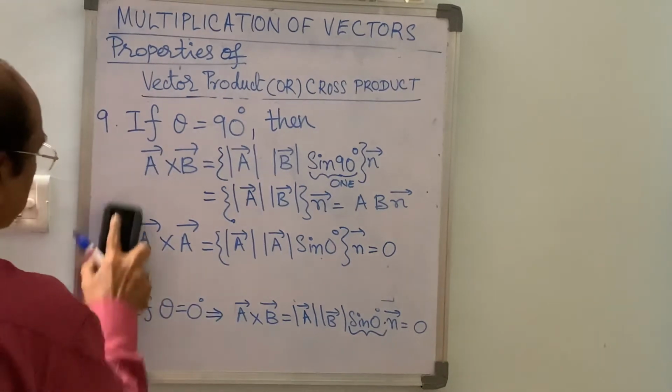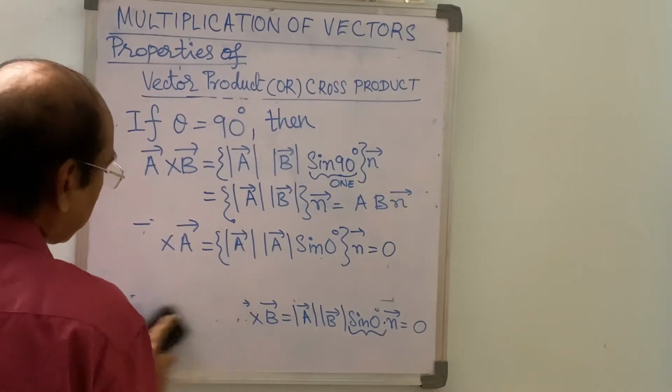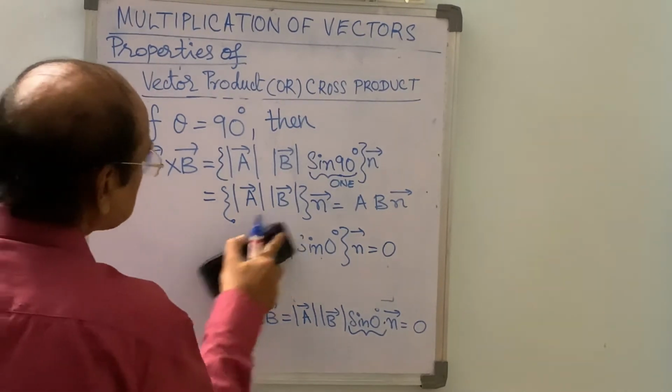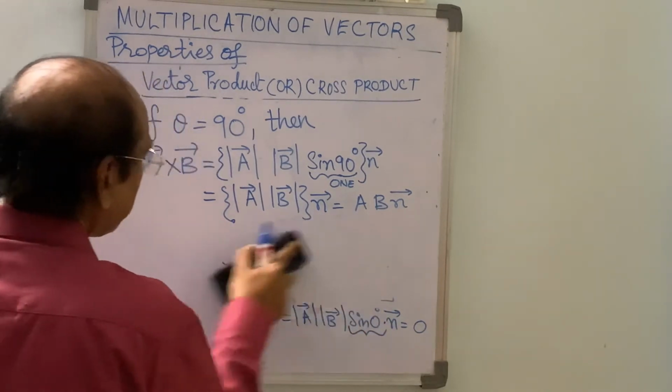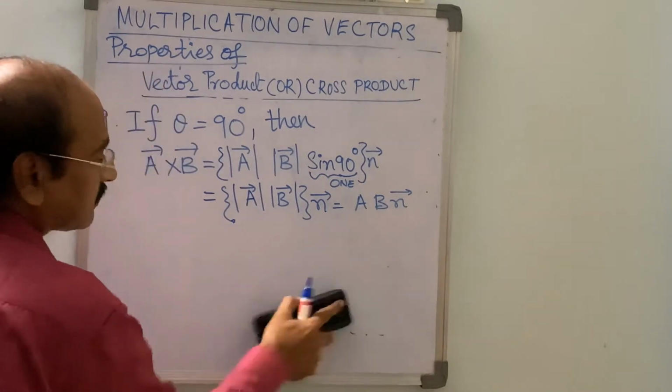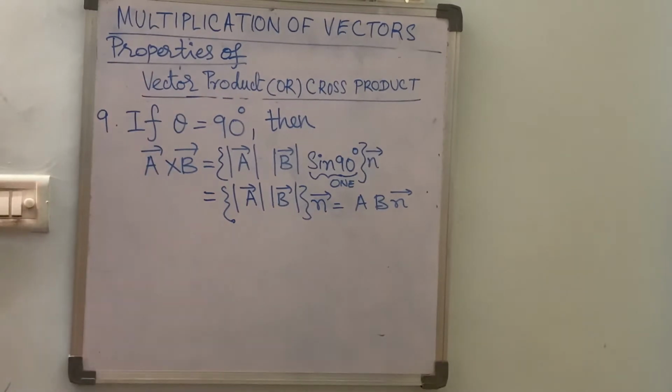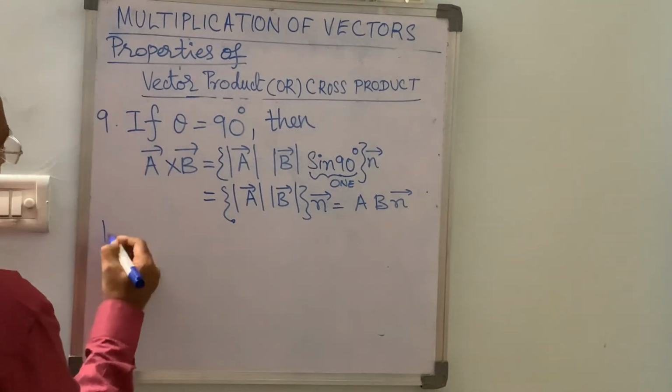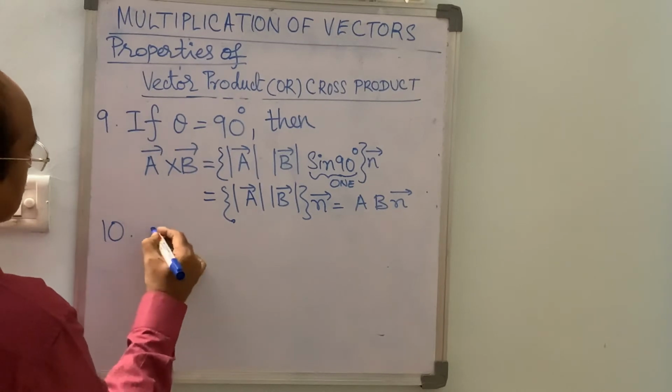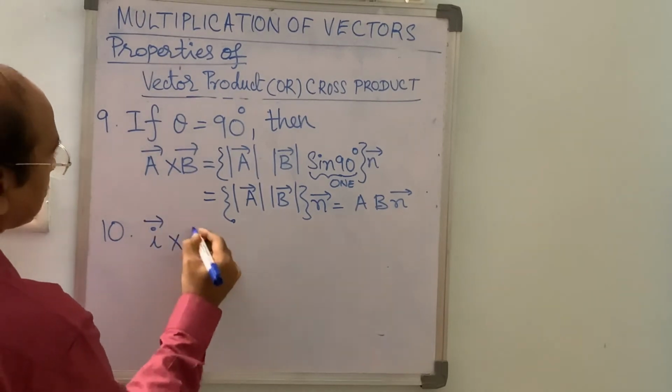Now we discuss about the unit vectors in the x, y, z directions, that is i bar, j bar and k bar. From this we consider i bar cross i bar.